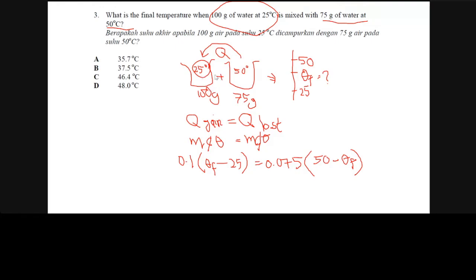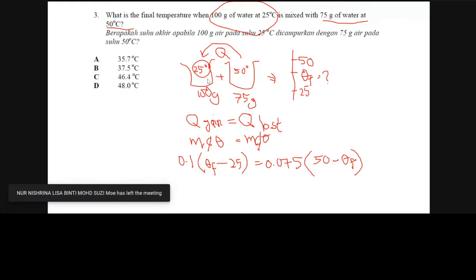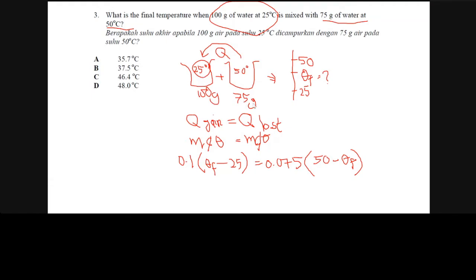Here you have 100 grams of cold water at 25 degrees C, and then you have 75 grams of hot water. You mix both. If this is your thermometer, hot water mixed with cold water, you will get somewhere in between. Somewhere in between here is theta F. But how much? Now this is what we need to find. Theta F. How much?